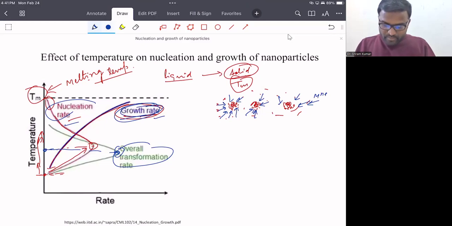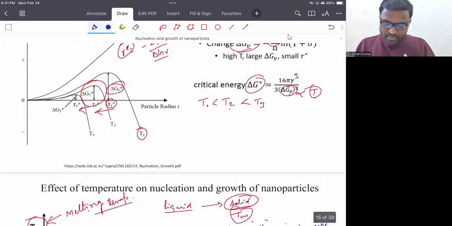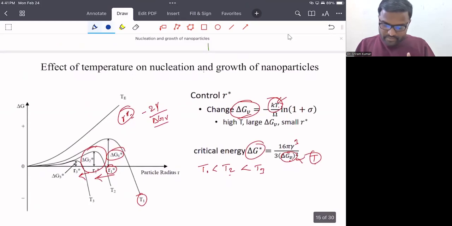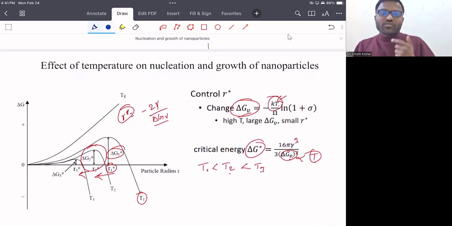So from here, we understand the effect of temperature on the rate of nucleation and the growth process. And in the previous slide, we understood the effect of temperature on the size of the nucleus and the energy barrier. Whenever we increase temperature, there is a decrease in the energy barrier.